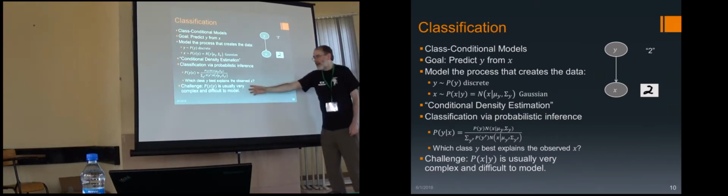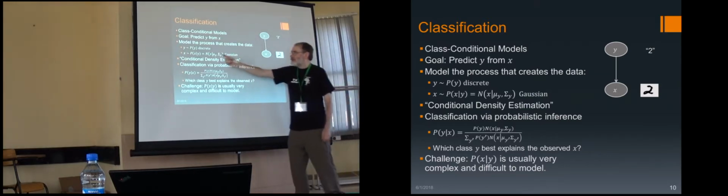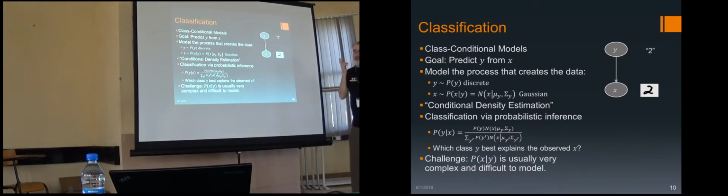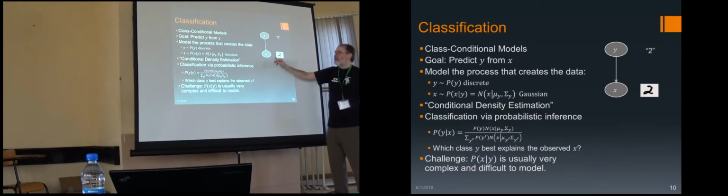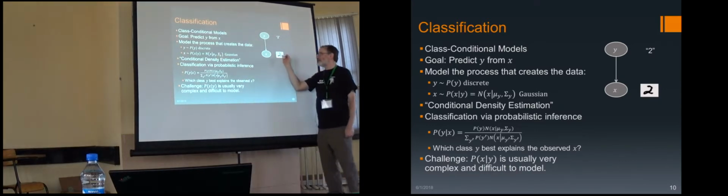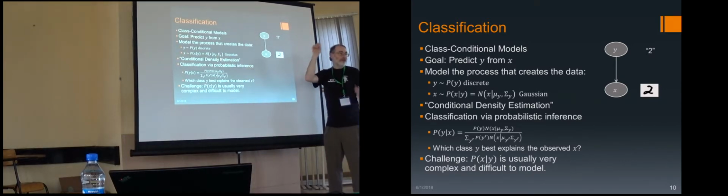And as I say, the challenge is usually that this generative model of the x is very difficult to model. But you may have seen this kind of model called naive Bayes, because this is often called a Bayesian classifier. Well, it would be naive if the covariance matrix here was just the identity matrix. That is, each pixel in the image was generated independently of all the other pixels, assuming we're trying to draw a 2.